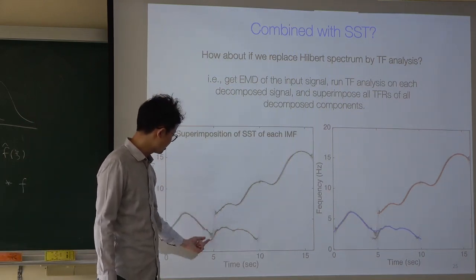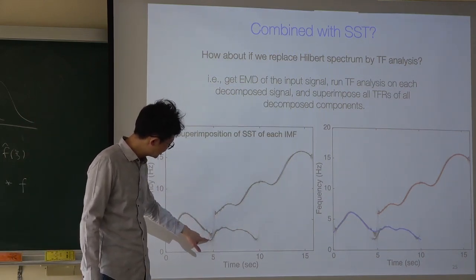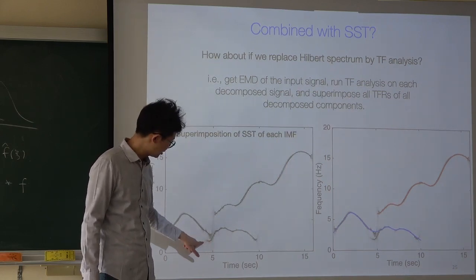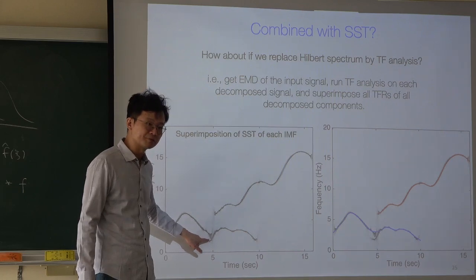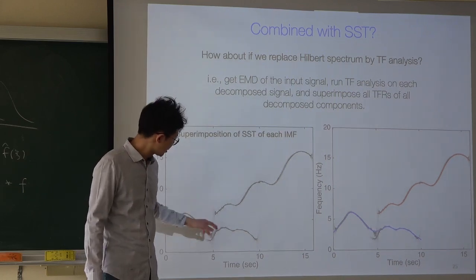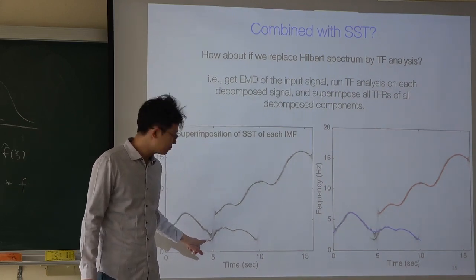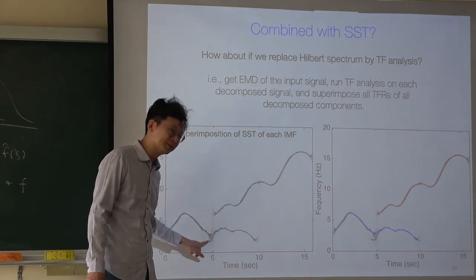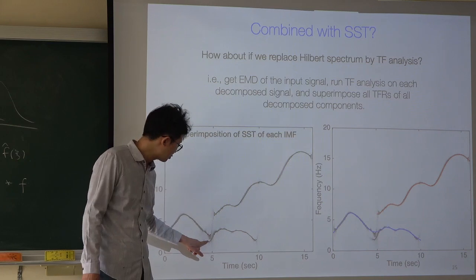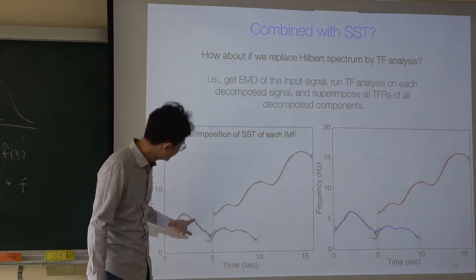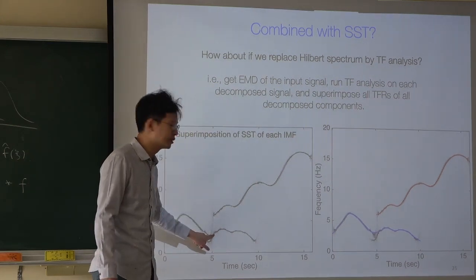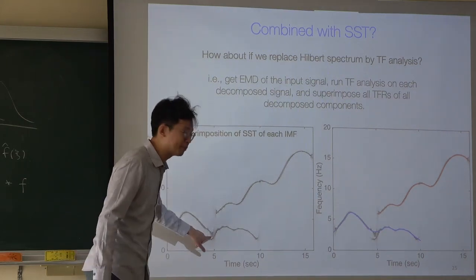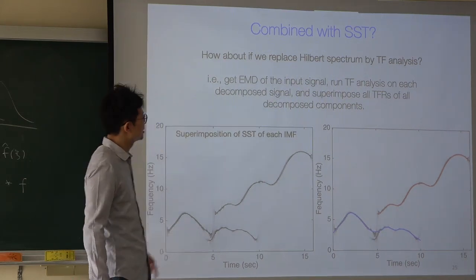It's not bad, but you can see there's some mixing, some confusion here. You see there's a tail, right? This tail comes from the mode mixing, because EMD artificially generates one extra component here, which actually should be this one as a single component. That is some kind of trouble that may lead to misinterpretation.